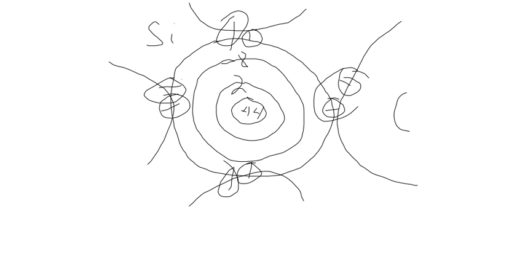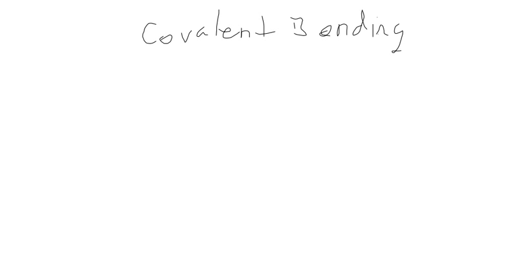We call this type of bonding between atoms covalent bonding. And the structure that is created by that is called a crystal lattice.